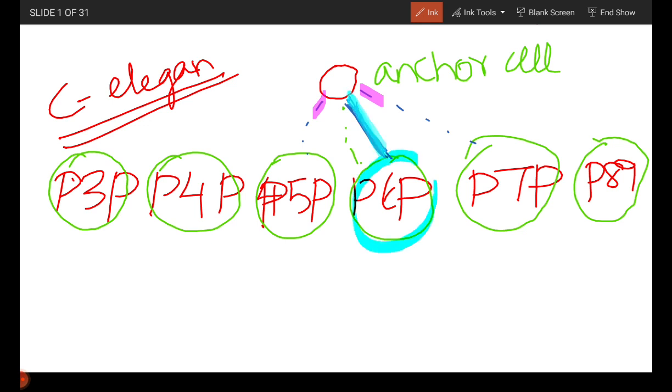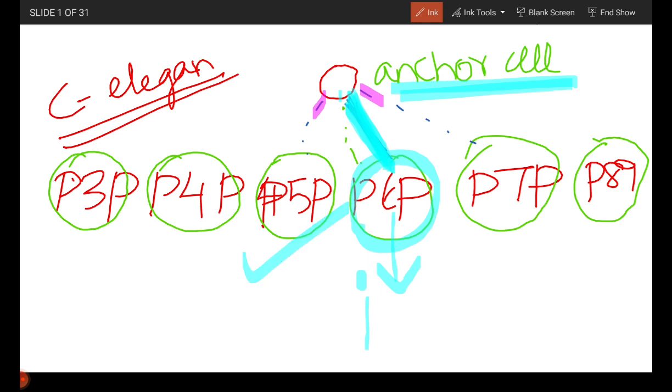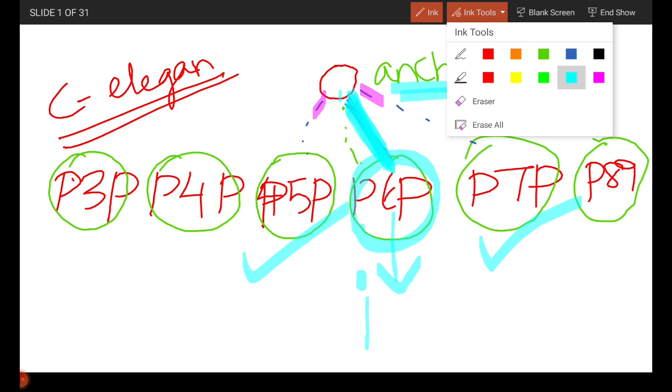This P6.p will attain the primary cell fate, because it receives the majority of the concentration of the morphogen released by this anchor cell. So this P6.p will become the primary precursor cell, and the adjacent cells will become secondary because they receive only a lesser amount of morphogen.